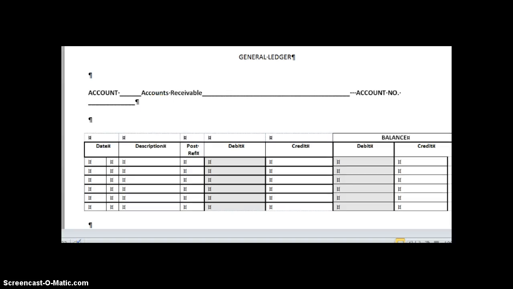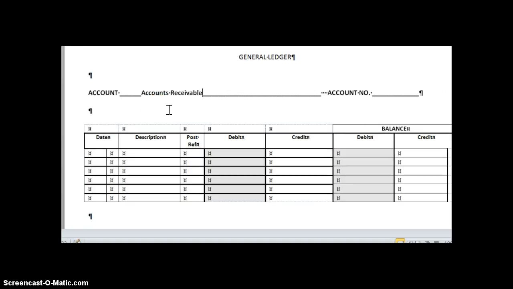You may have to get rid of some of the lines to make it fit. Put in the account number. And you do all the accounts that were on the chart of accounts that way.